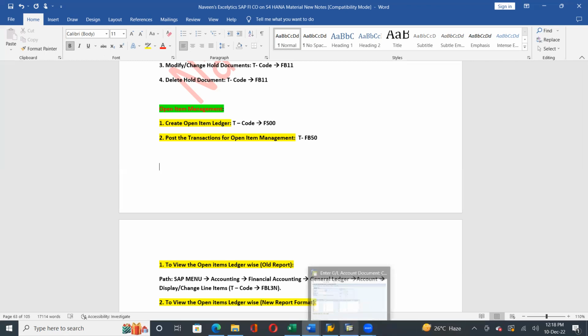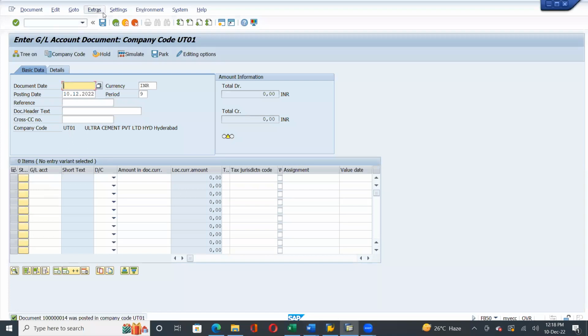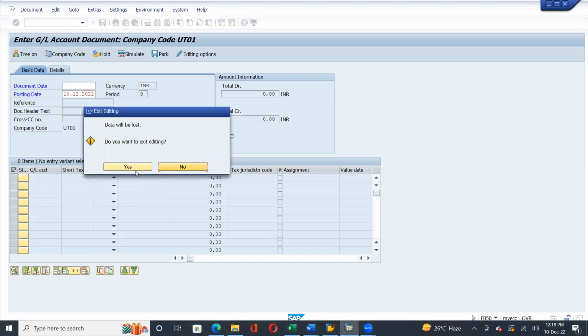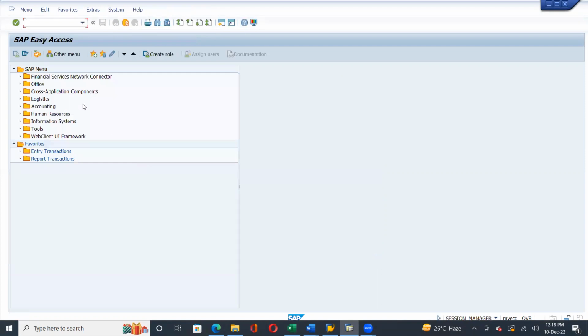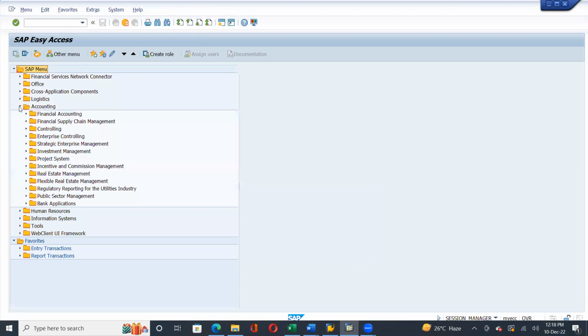So I'll open another screen. SAP menu, I'll repeat. SAP menu, Accounting, Financial accounting.